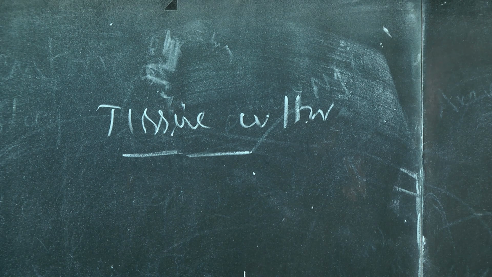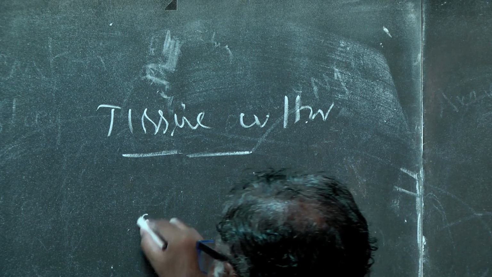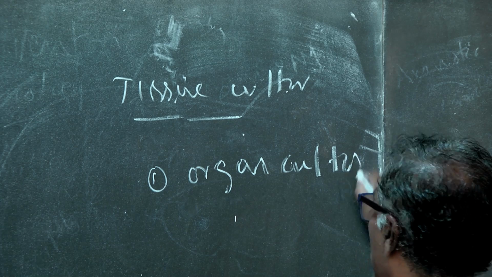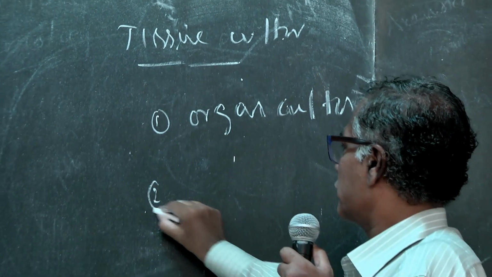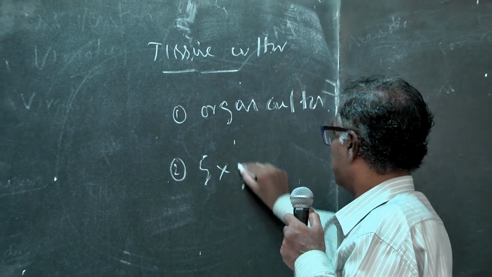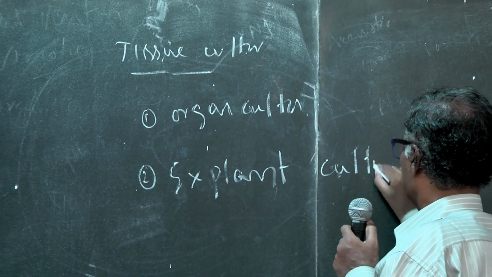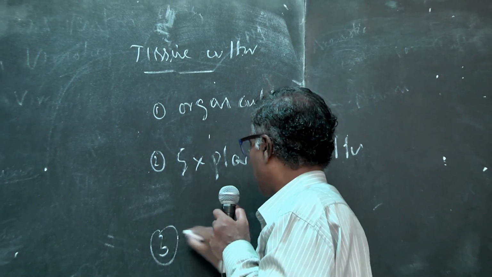So these tissue cultures are of three types, namely organ culture, explant culture, and third is the cell culture.